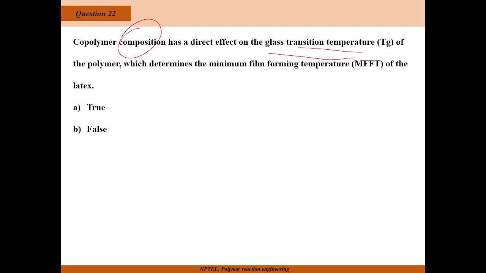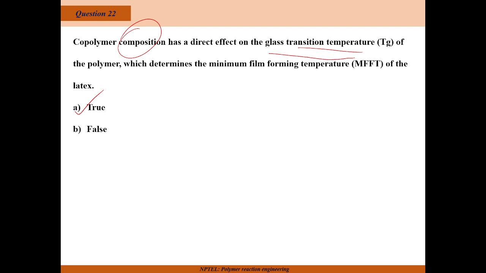If the composition of the polymer changes, that means the whole polymer is changing, and definitely that would change the glass transition temperature. Looked at in that way, it is a true statement. When the composition of a polymer changes, that will definitely affect the glass transition temperature.